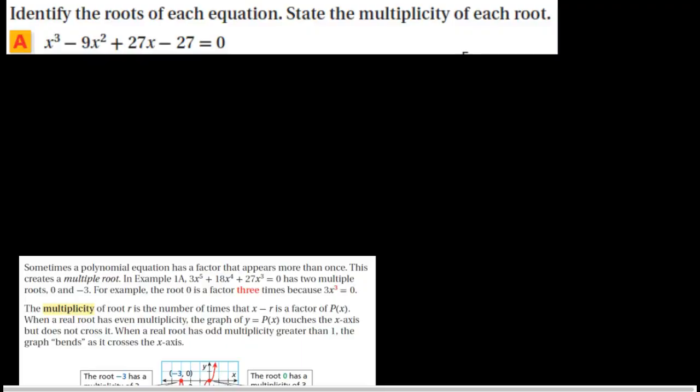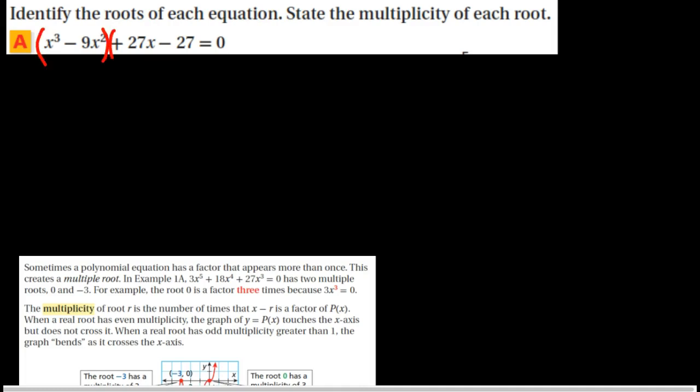The next one here has 4 terms. So if it has 4 terms, you can't see this, but on the whiteboard to the left of me, we have all of our different types of things we factor. And so with 4 terms, one of the strategies we have is factor by grouping. So let's take a peek and see if this groups.